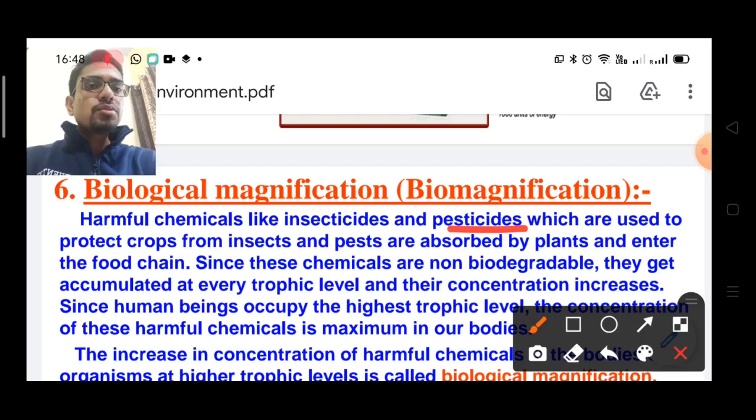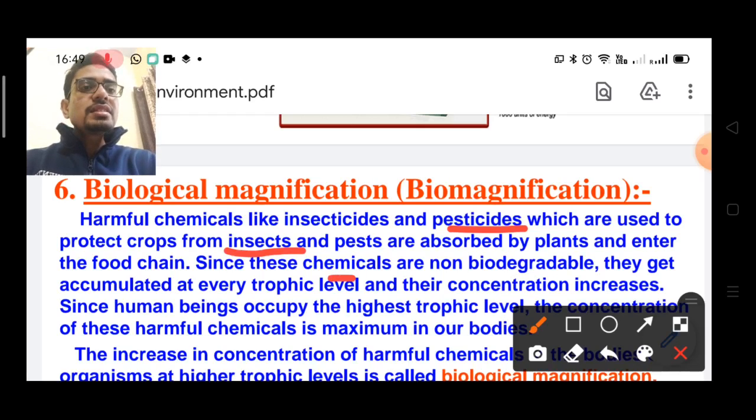Do you know where these are used? In plants, to protect crops from insects. So insecticides, pesticides, these poisons, these harmful substances enter the food chain directly from the first level, which is plants.